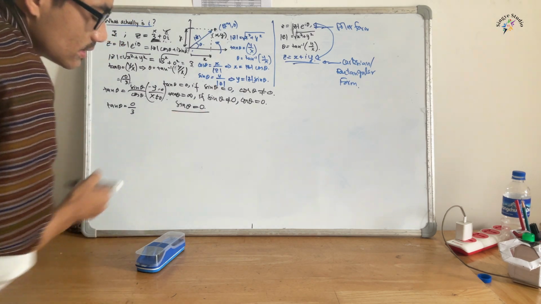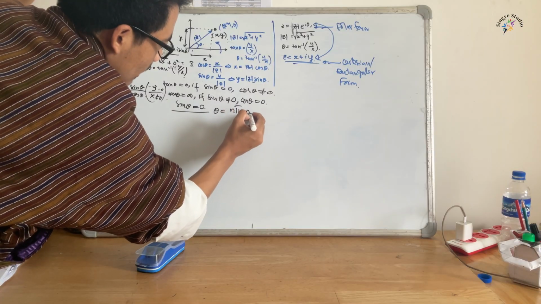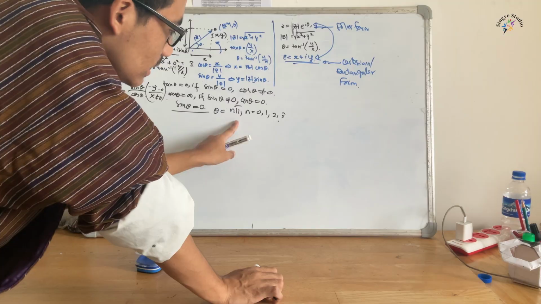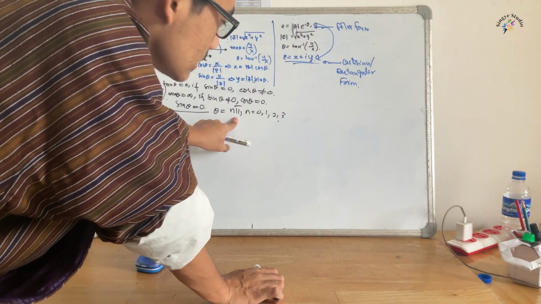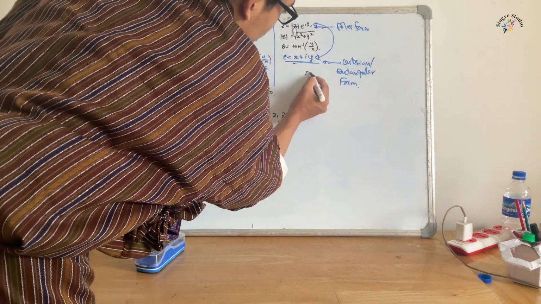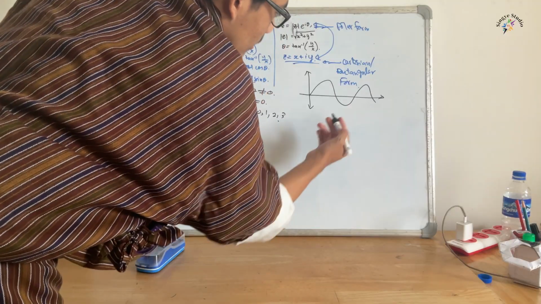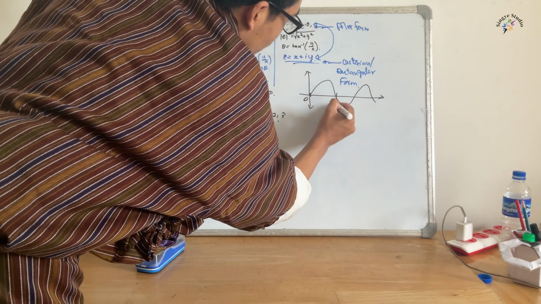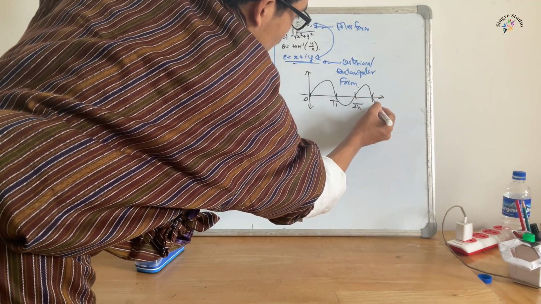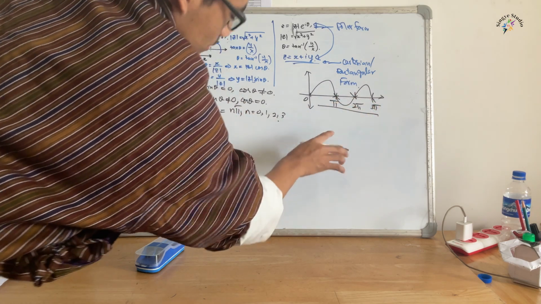So this sine theta is 0 only if our theta belongs to n pi, where n equals 0, 1, 2, 3. So if our theta is an integer multiple of pi, which is pi, 2 pi, 3 pi, then our sine theta is always 0. If you recollect our sine function, it is like this, right? So 0, pi, 2 pi, 3 pi, like that. So at every pi, our sine theta value is 0.